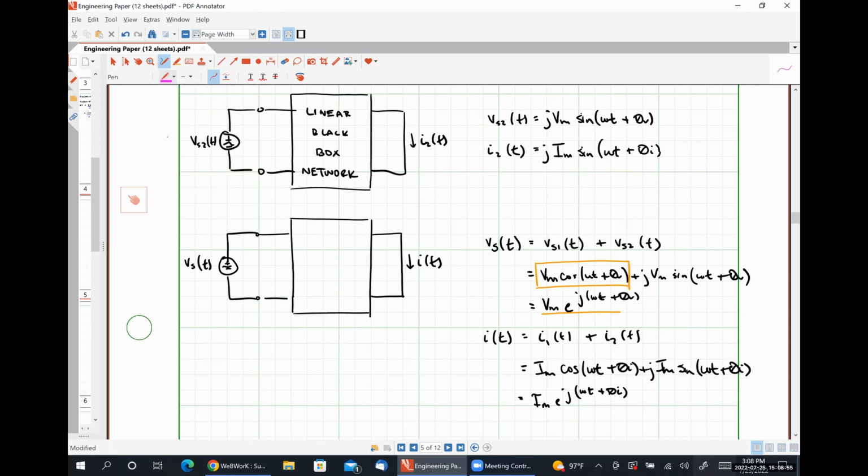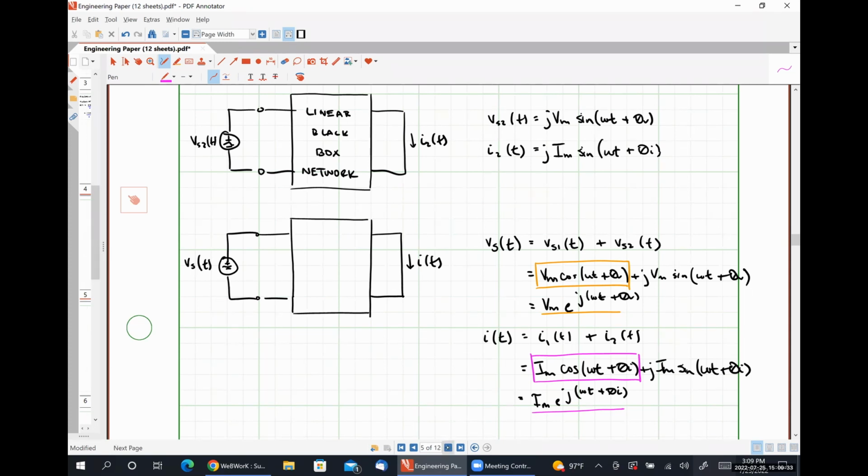And we can also observe that the real part of our response, or our output, is just the answer that we're looking for. So effectively, we can work these circuits using complex numbers and then only take the real part of our result to get the time domain quantity that we were looking for. Okay, so let's do this briefly here.